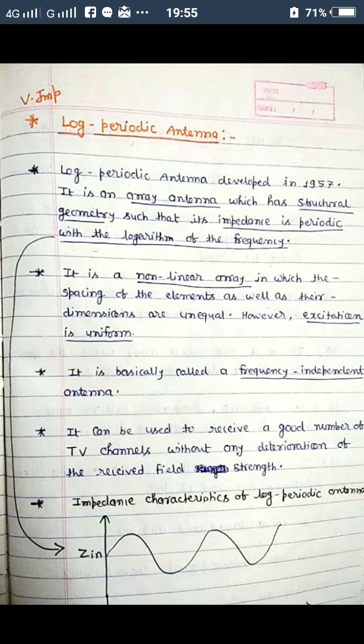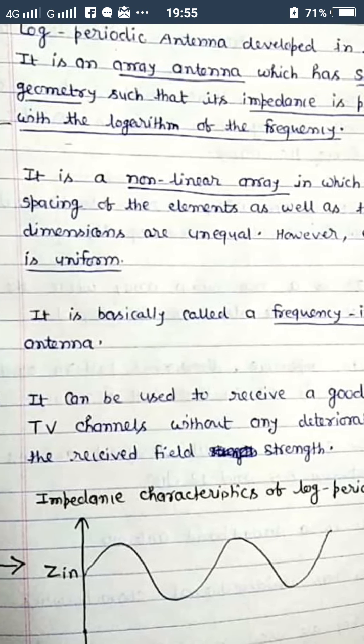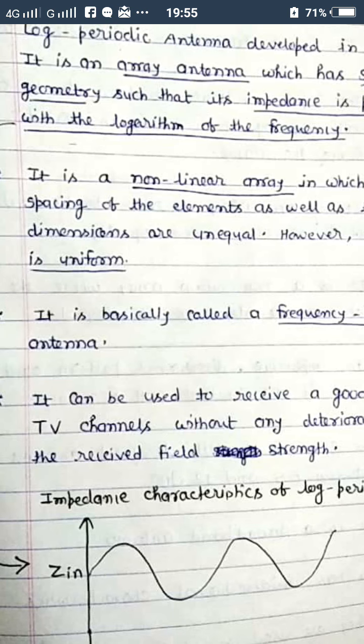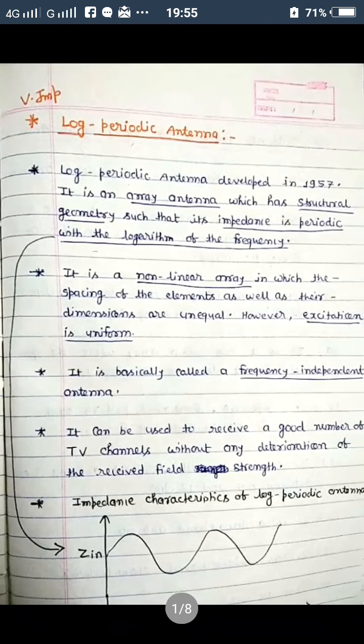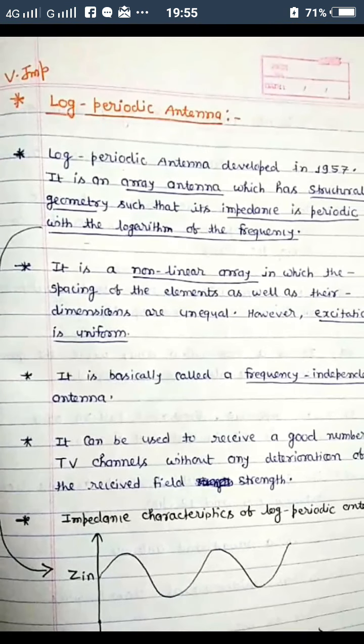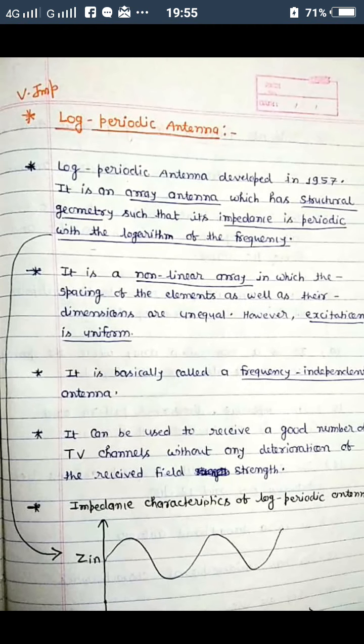Now you can see in this figure the impedance characteristic of the log periodic antenna. This graph is between the impedance and the logarithm of frequency.